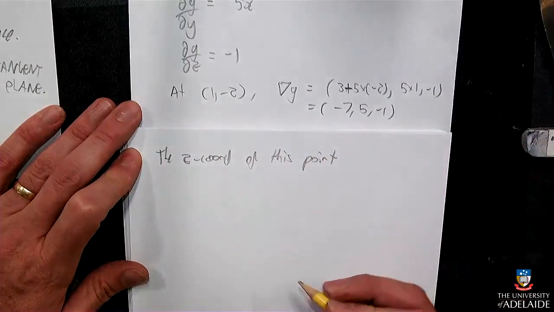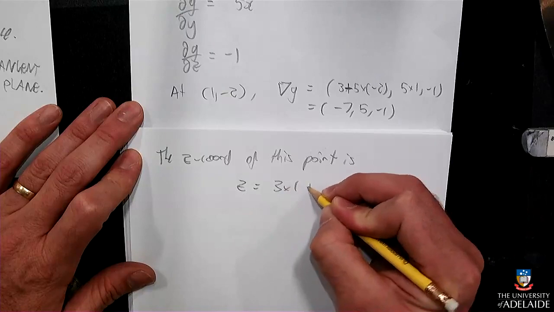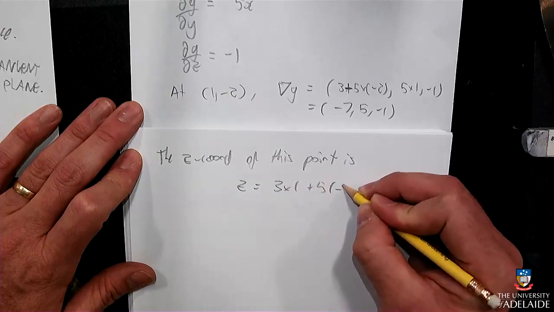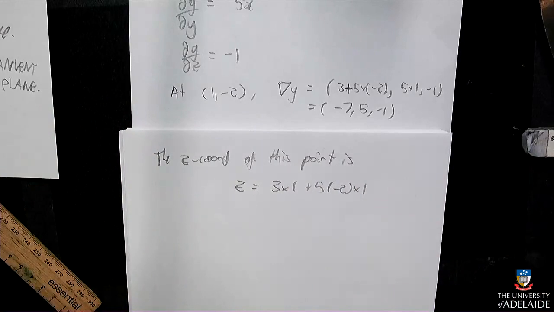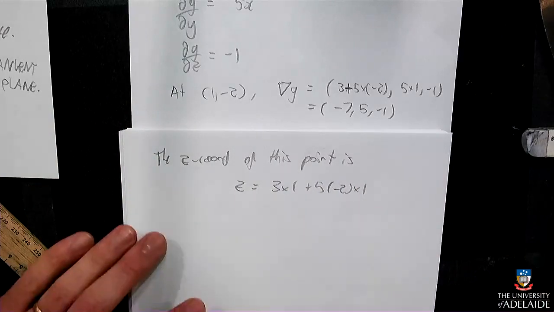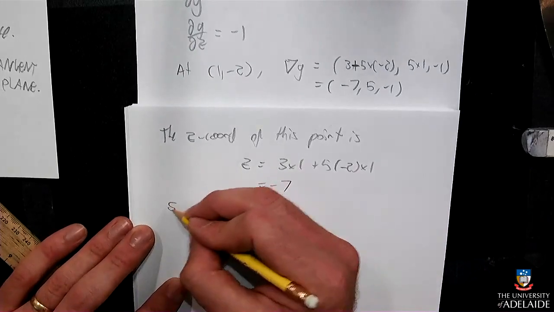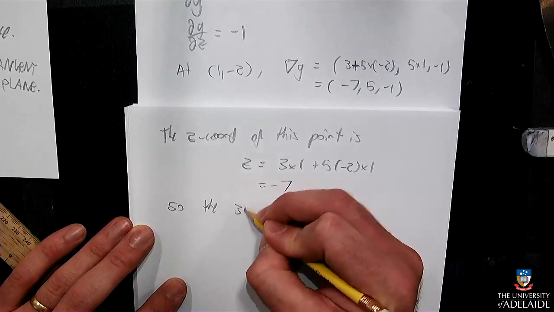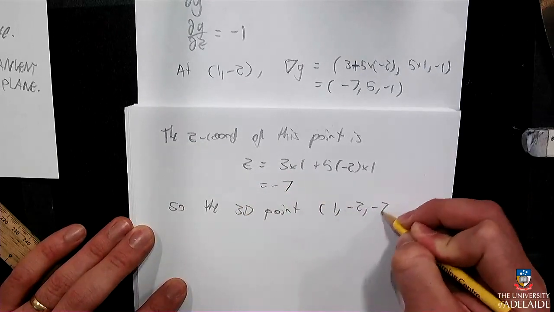So the z-coordinate of this point is z equals 3 times 1 plus 5 times minus 2 times 1, which coincidentally is minus 7. So the 3D point is actually 1, negative 2, negative 7.